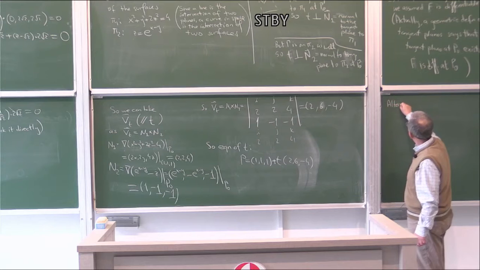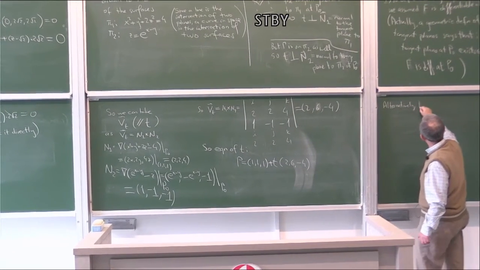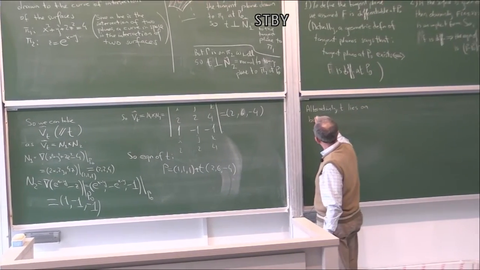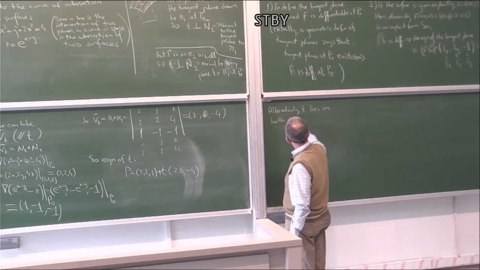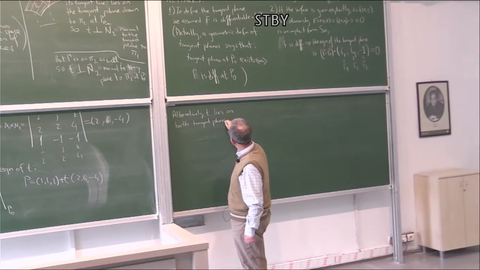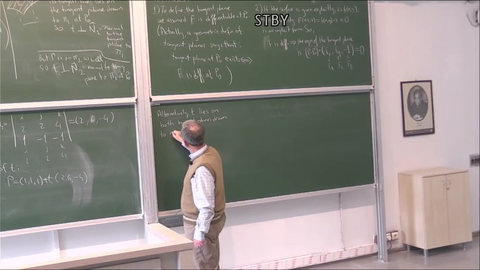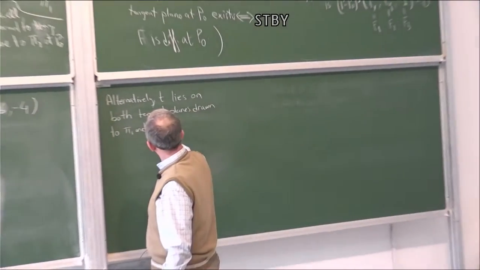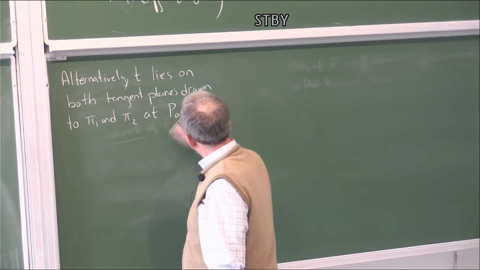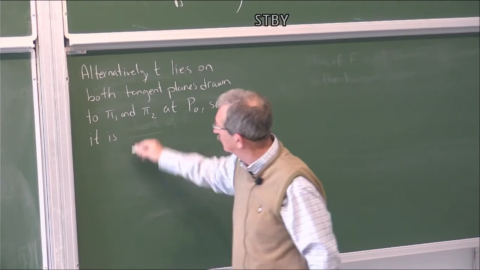Alternatively, T lies on both tangent planes drawn to pi1 and pi2 at P0, so it is their intersection.